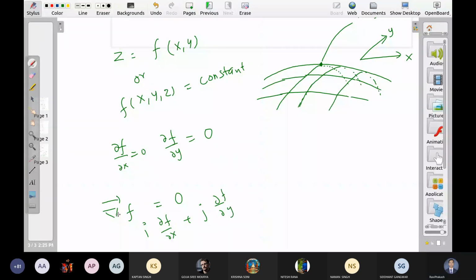But again, just setting these components equal to 0 is not enough. This does not guarantee that you have got the highest point of the hill.